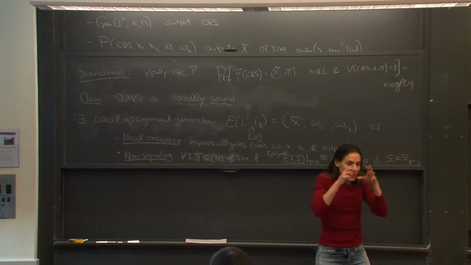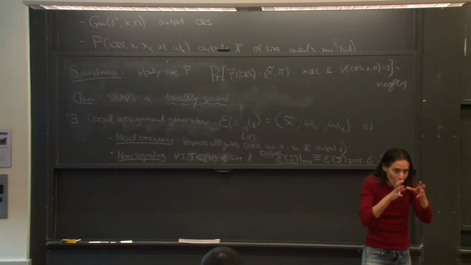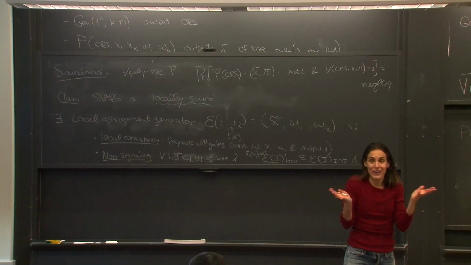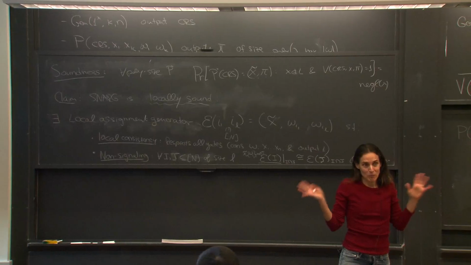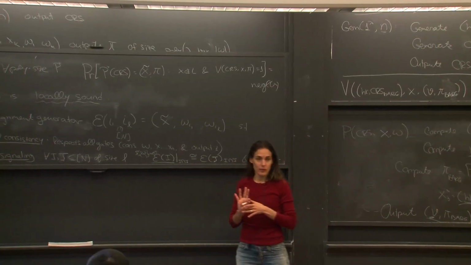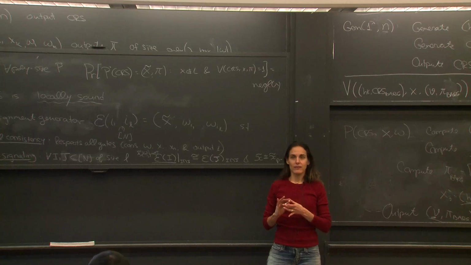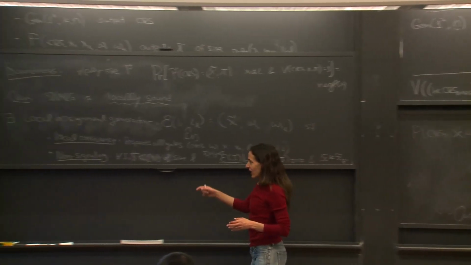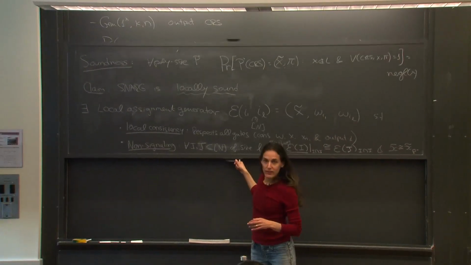So every time he gives you a local window, it will possibly be with respect to a different X tilde. In the non-adaptive setting, it's always going to be the same X tilde. Okay, any questions?